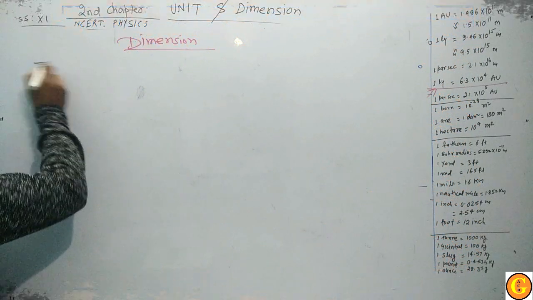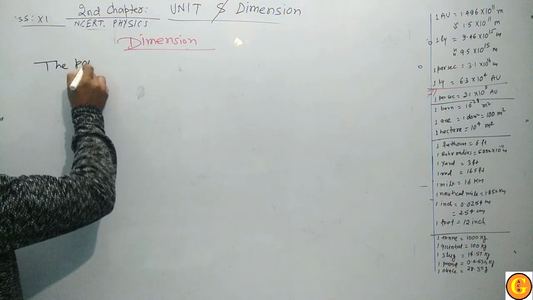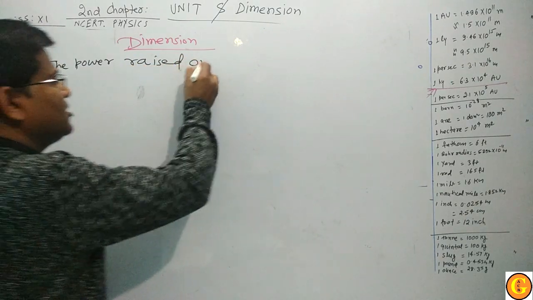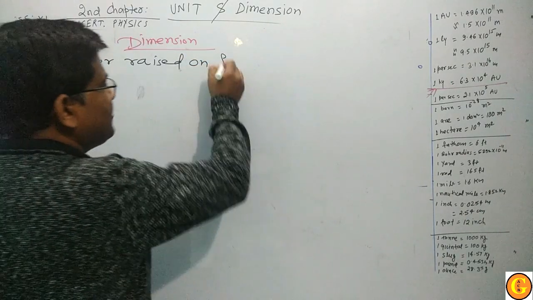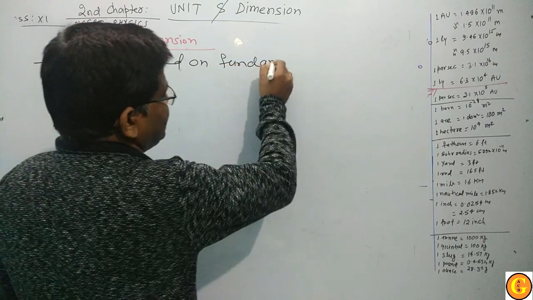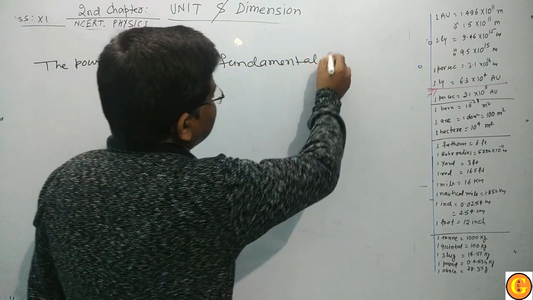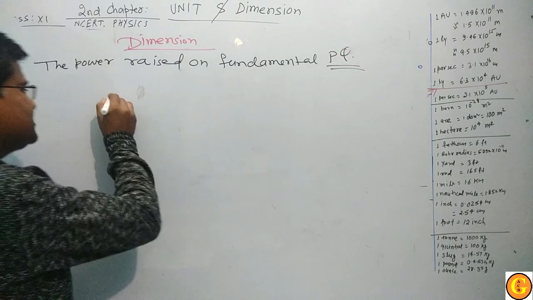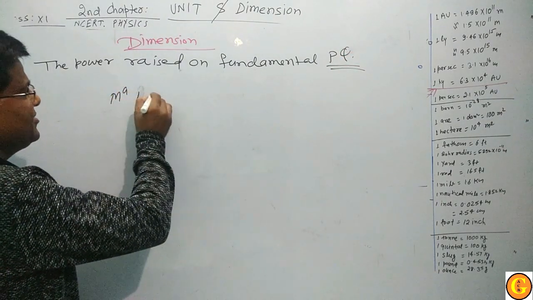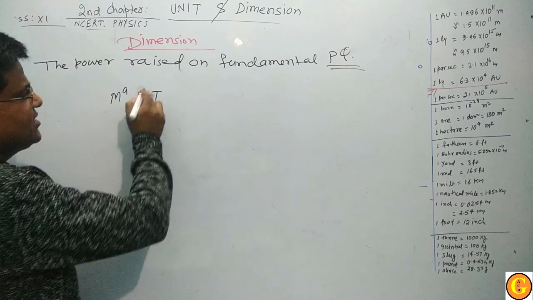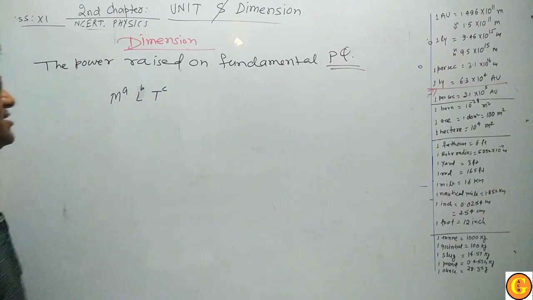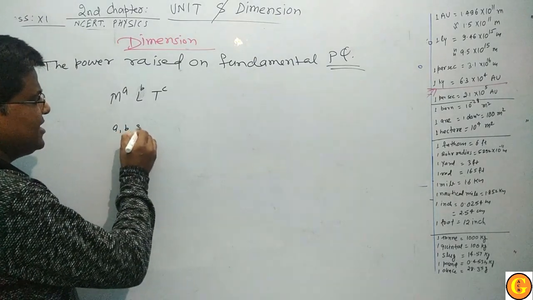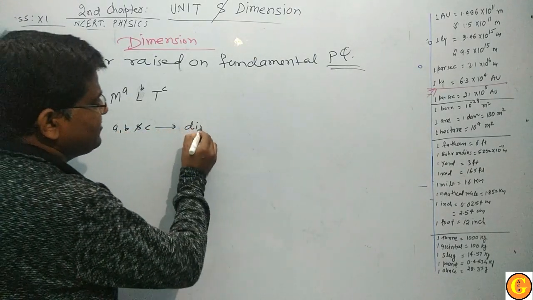The power raised on fundamental physical quantity is called dimension. Just like m, l and t, mass, length and time, and the powers a, b, c are called dimensions.